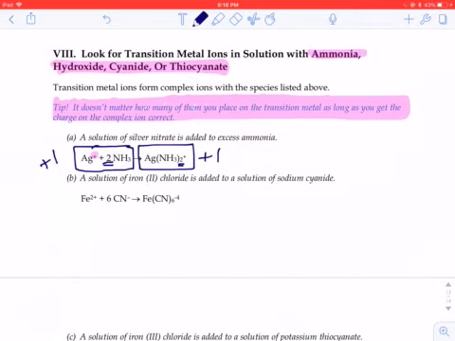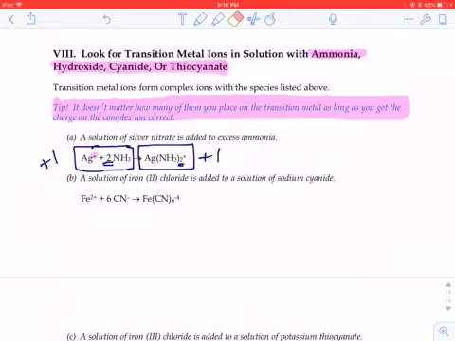This next example is iron 2 chloride being added to sodium cyanide. So we have that iron ion and cyanide. The 6 doesn't matter. You could have made the 6 a 5, 4, 3, or 2. It doesn't matter how many you put on there, as long as the charges make sense.